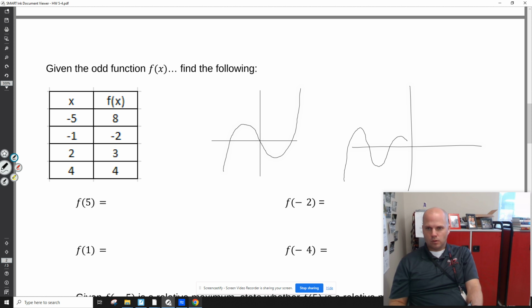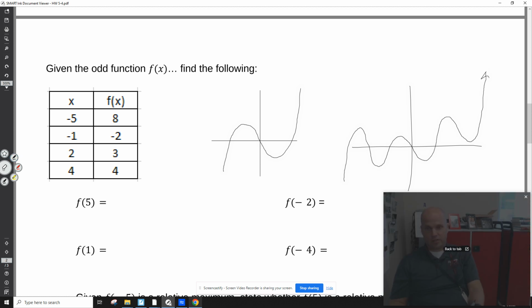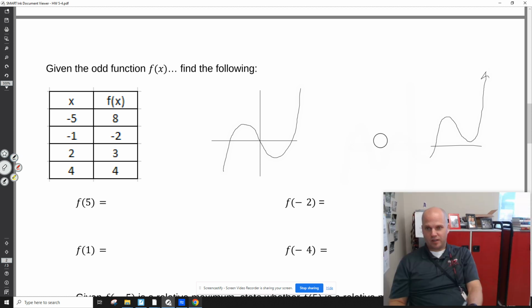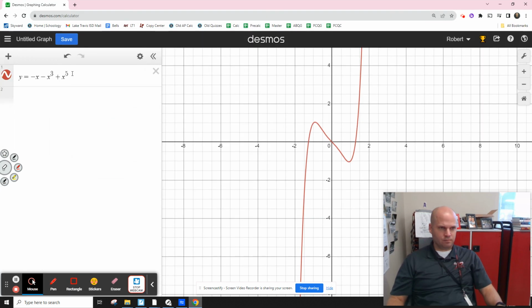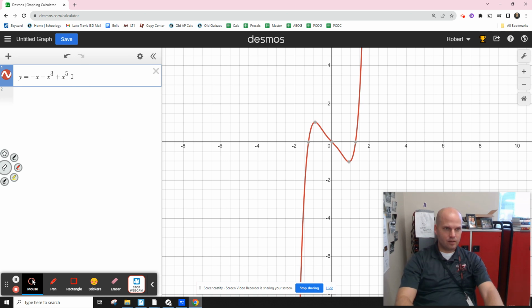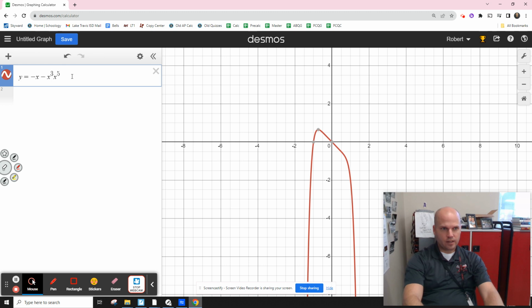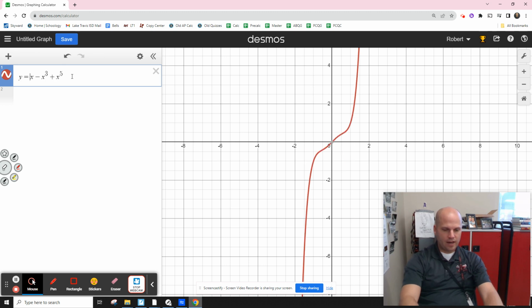Oh, this is going to be tough. Let me try to simplify it a little bit. Let's go and graph like. This is a good odd function. Let me see if I can add, or if I subtract x to the 5th. No, add. Let's see if I add x. I want to get like another.